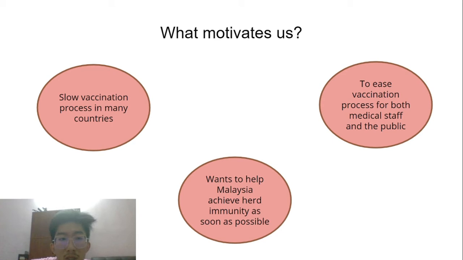Because of the slow vaccination process in many countries, same in Malaysia as well, we want to build a system, a program that could help Malaysia achieve herd immunity as soon as possible. The program that we have created is to ease the vaccination process for both medical staff and the public.